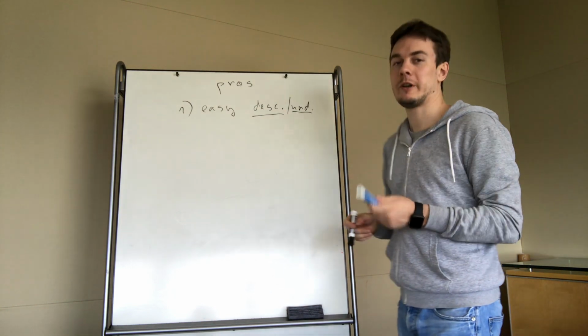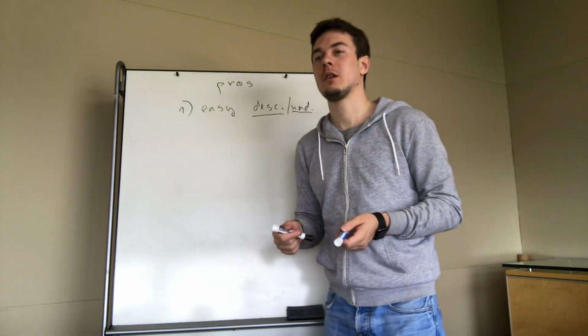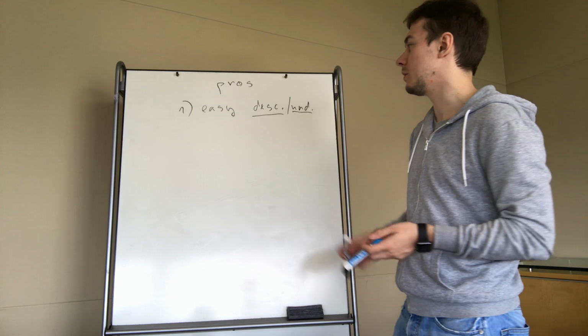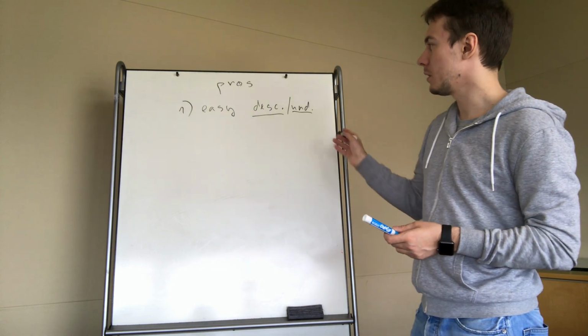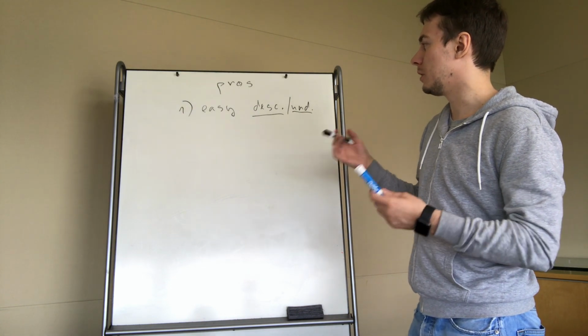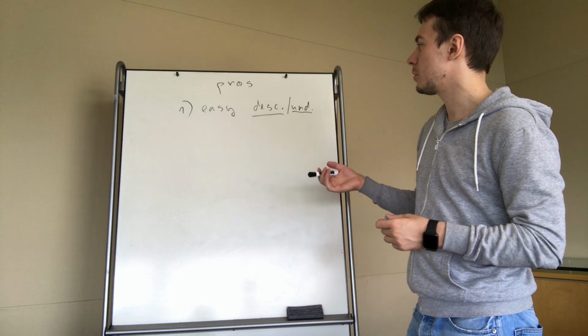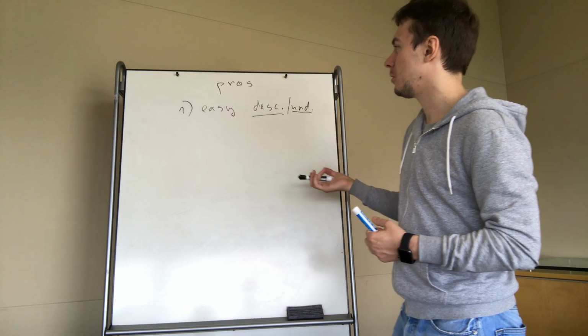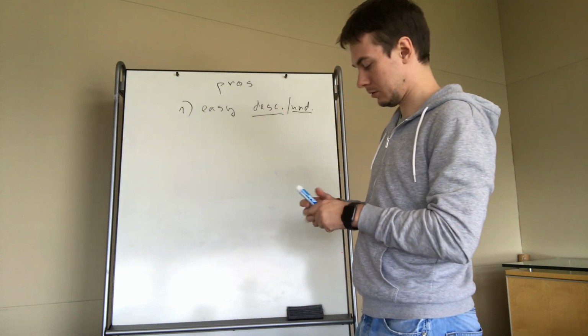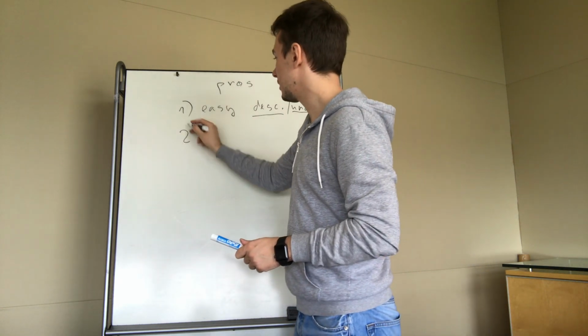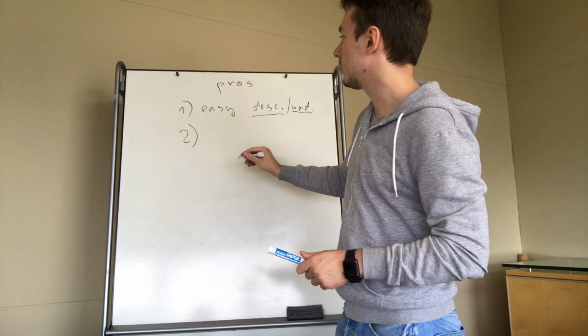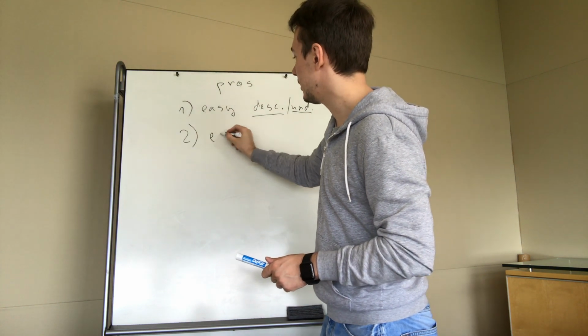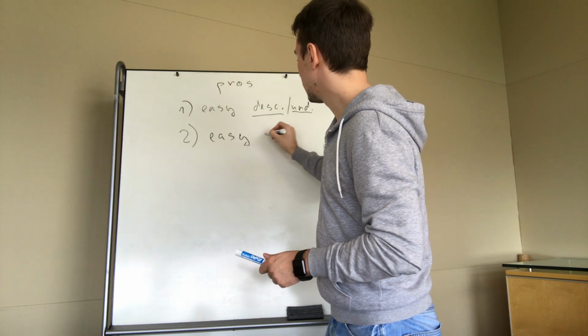So if you are not very familiar with graphs and planar graphs, if you are not familiar with graph theory at all, it would be easy for you to implement this algorithm and to check if a graph is planar or not. And as I mentioned, the second important pro is that this algorithm is very easy to implement.